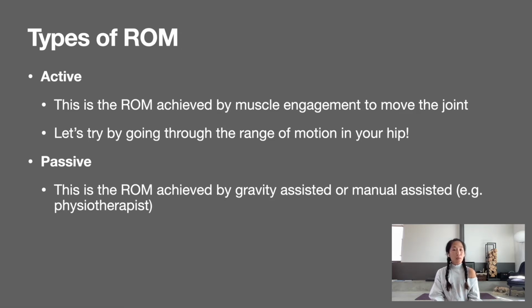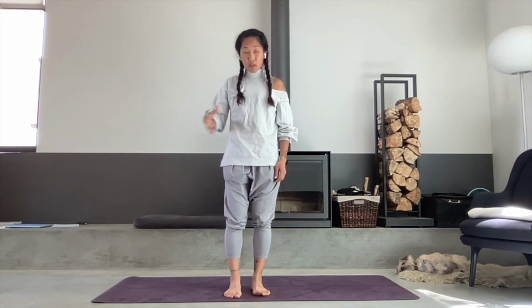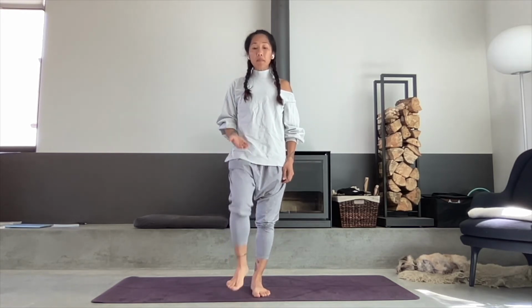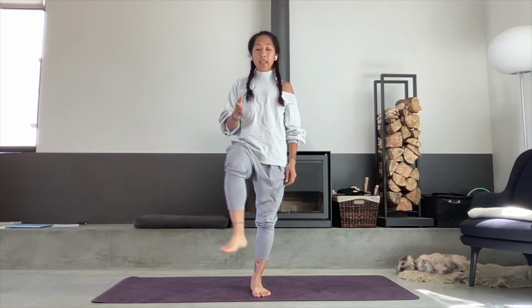So now let's try going through some of the range of motions of your hip. So coming on to perhaps your mat or just standing up and just moving the hip. We're not going to worry too much about the anatomical terms. We'll worry about that later on as we keep moving on. But active range of motion, so using your muscles to actually move this hip joint. So we can pull it up in front. We can take it out to the side. We can bring it back in.